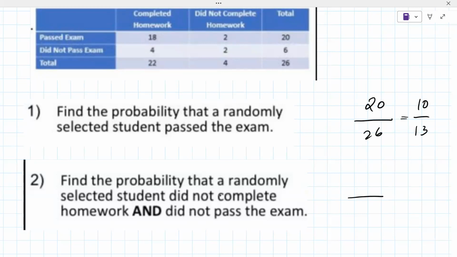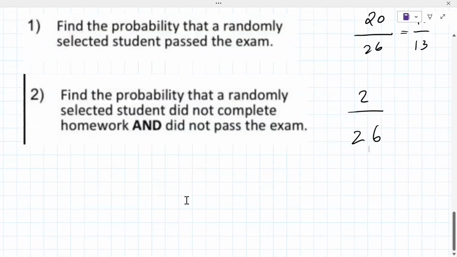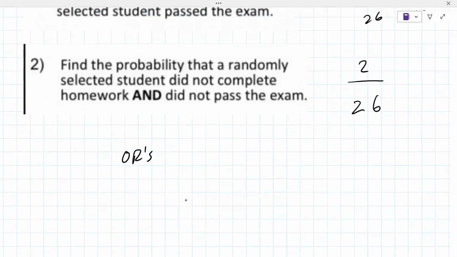Did not complete the homework and did not pass the exam. 2 over 6, 1/3. You said two, but it's out of the total. So maybe this will help you. Oh, yeah.